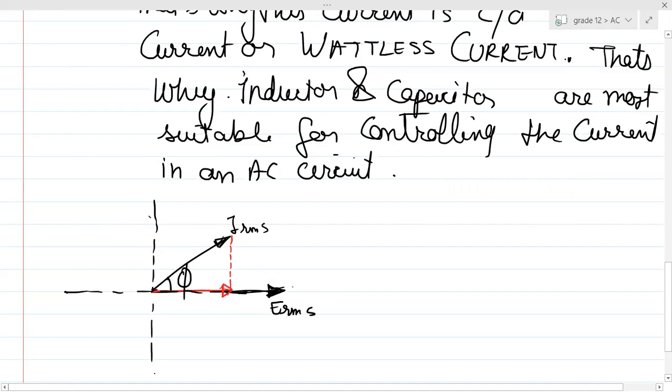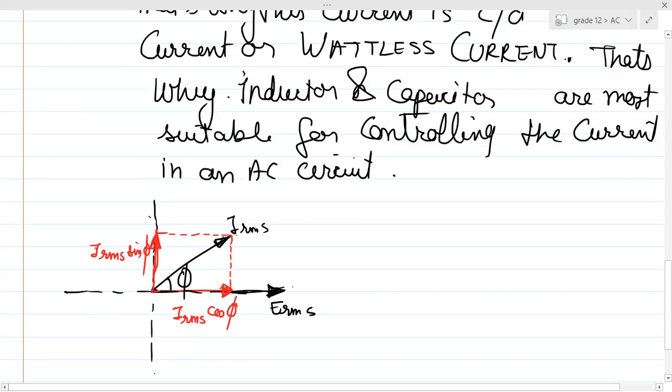Can you see one component of this, and similarly another component? So can you see two components? One is IRMS cos phi, and this is IRMS sin phi. Yes or no, guys?